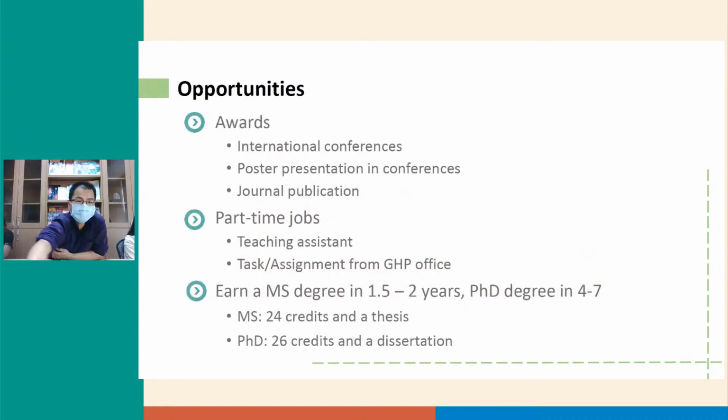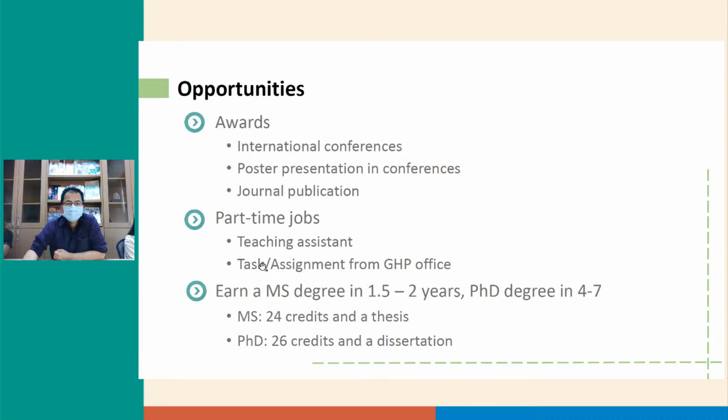You also have some opportunities to get additional salary. You can be our teaching assistant, or we have some part-time jobs from our office. You can also attend international conferences and poster presentation conferences, and we will provide some reimbursement for our students.